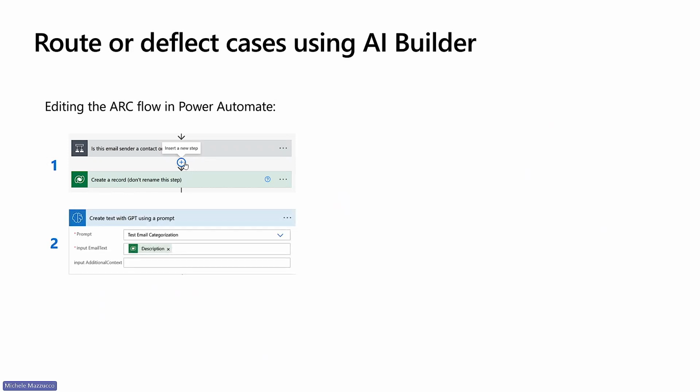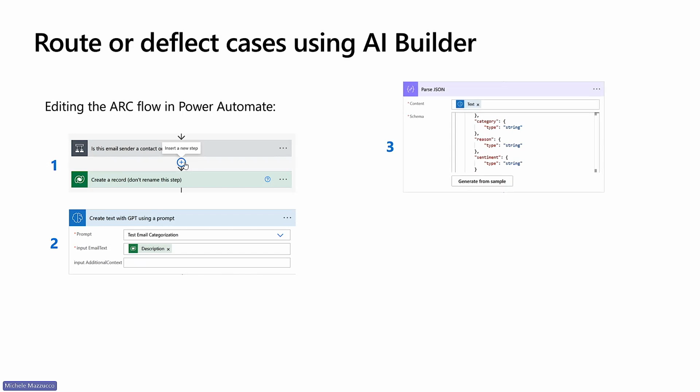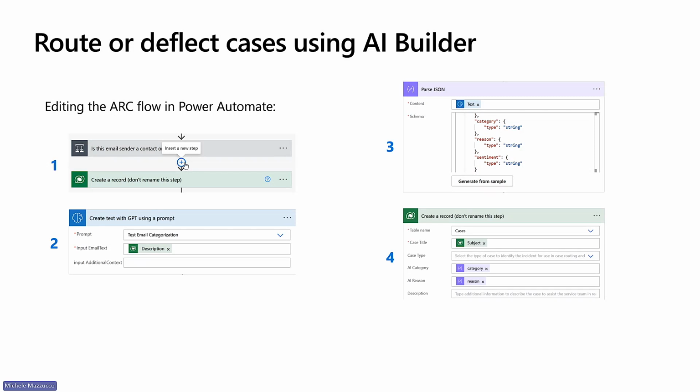We can then use the built-in AI Builder connector and add a new action to the flow to execute the previously created prompt by passing the email text as an input. After that, we'll add another step to process the JSON output. And once we have a value for each piece of information like category, we can use these values to inject new fields on the step that creates the new case in Dynamics.